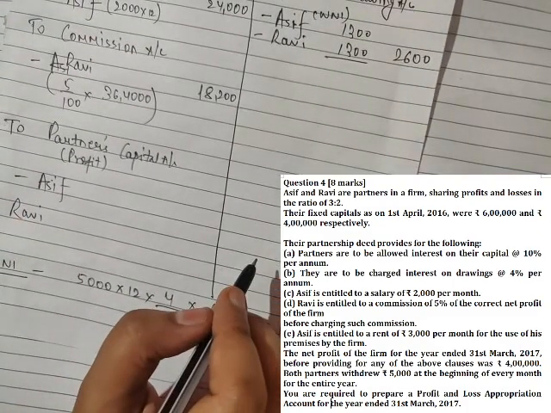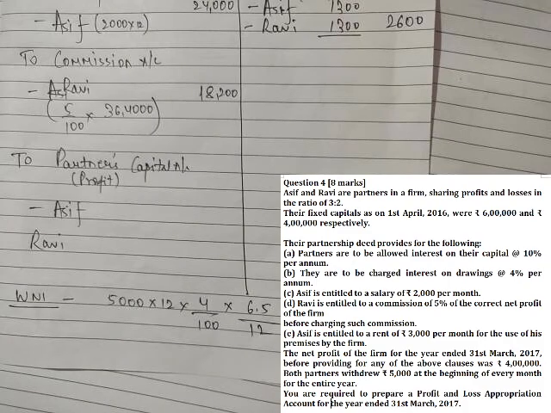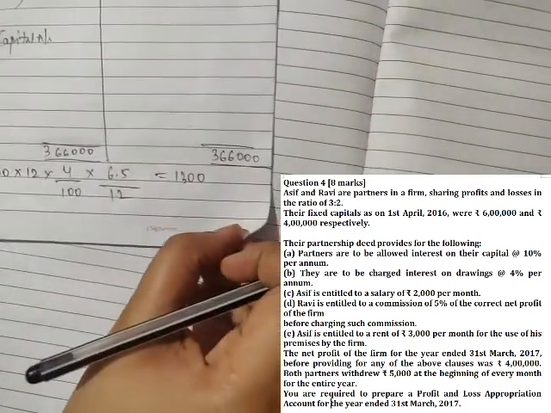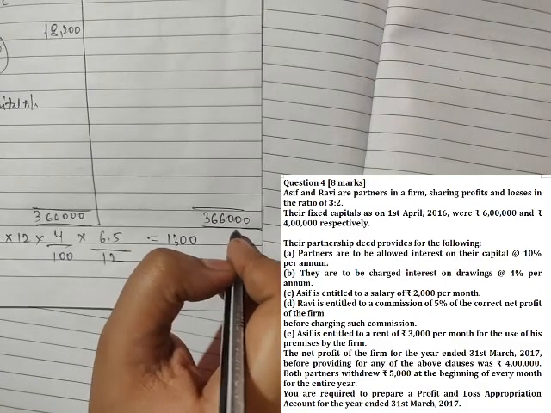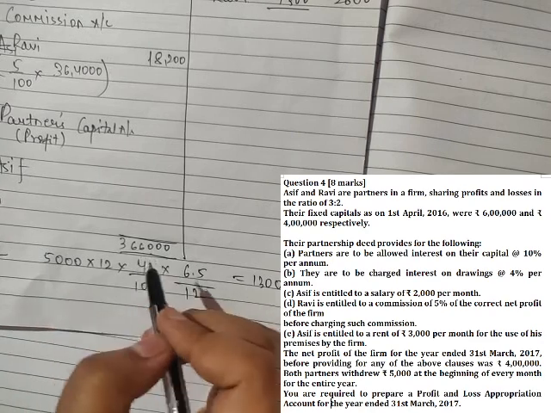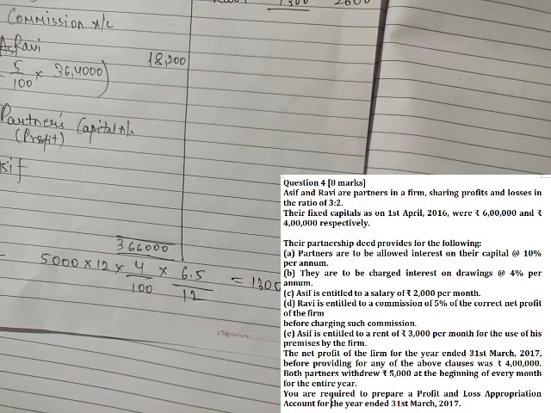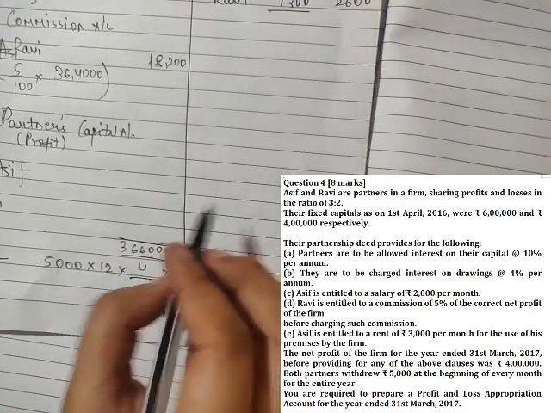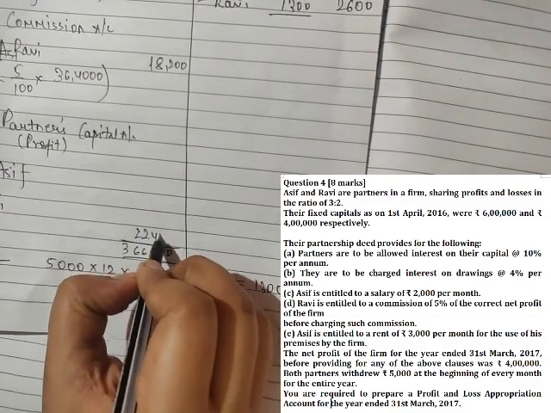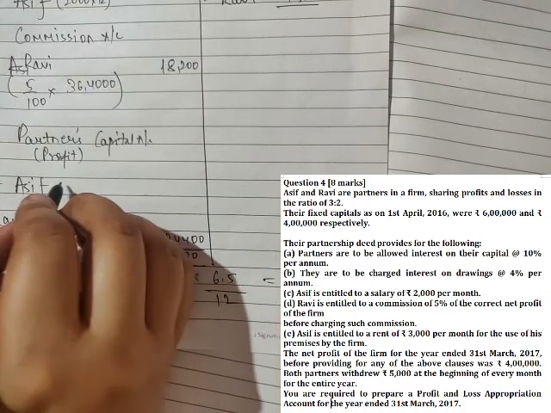The proportion is 3 is to 2 as given in the question. So we balance it, we're getting 3,66,000 on the credit side and 3,66,000 on the debit side, which gives us a total profit of 2,24,400.